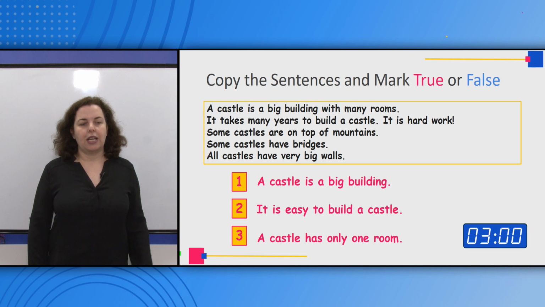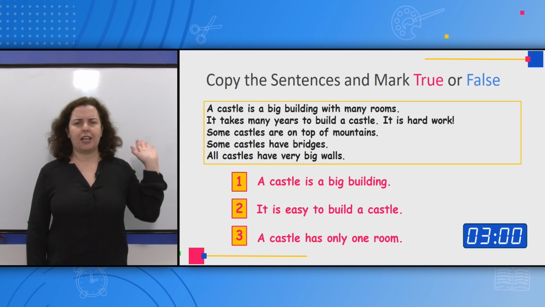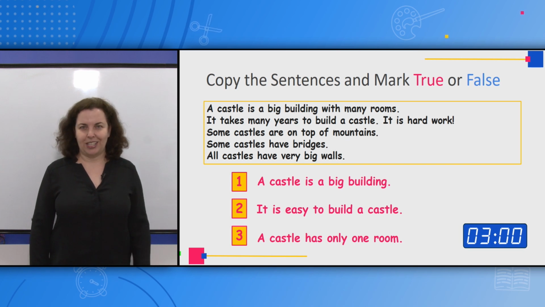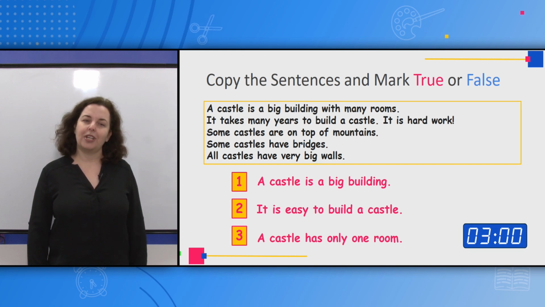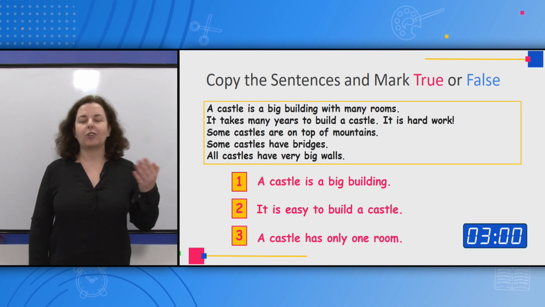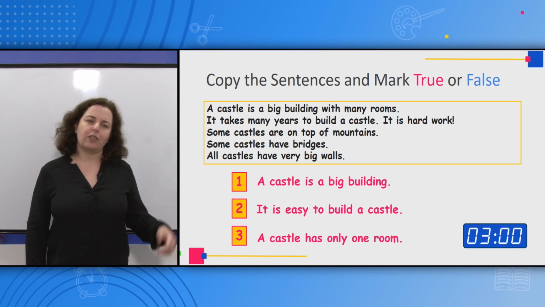Number 2, it is easy to build a castle. Very, very easy. In one day you make a castle. What do you think? Is it true or false? And number 3, a castle has only 1 room. Is it true or false? Take a few minutes, look at the text in front of you and write T for true or F for false.